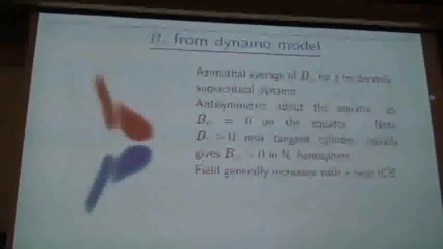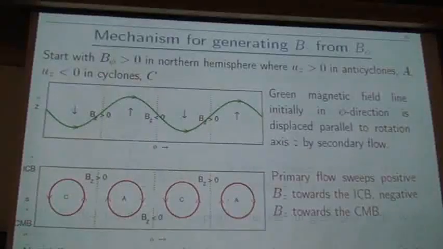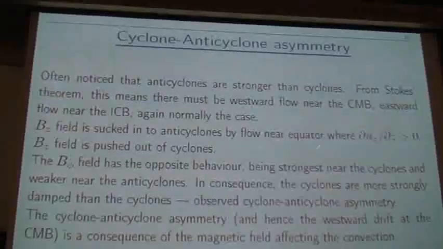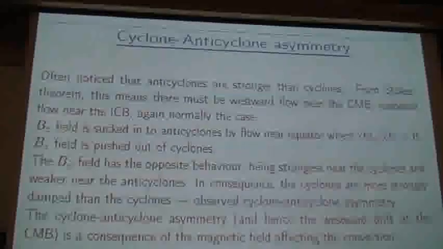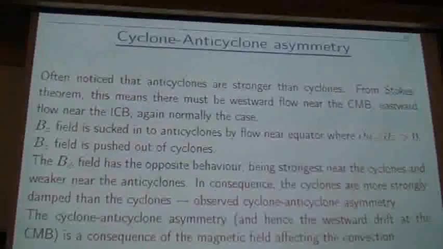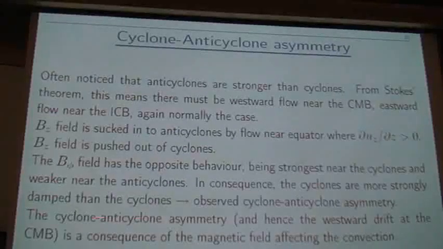And basically, if we now go back to this one here, the B phi here is the opposite behaviour, so that's strongest near the cyclones and weaker near the anticyclones. And B phi is the one where the magnetic damping is the strongest, so the cyclones are more strongly damped than the anticyclones.